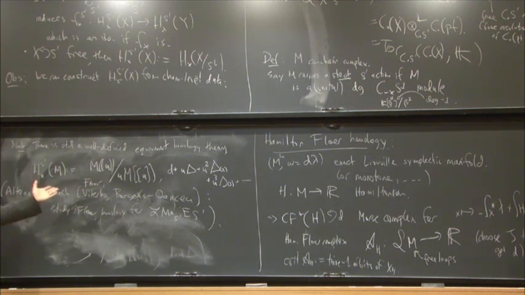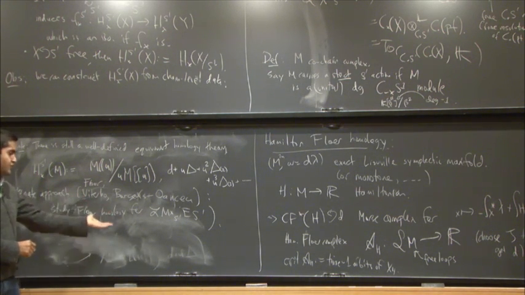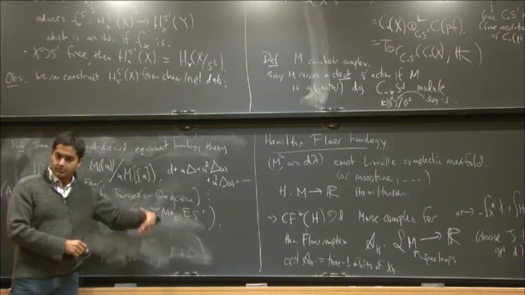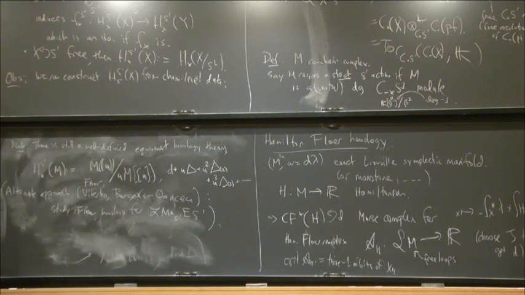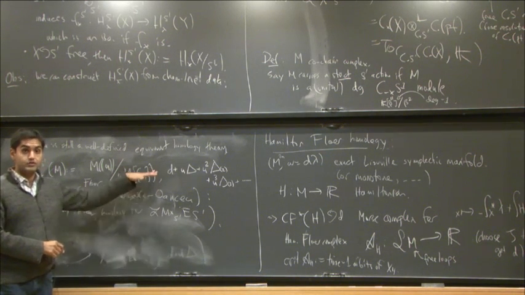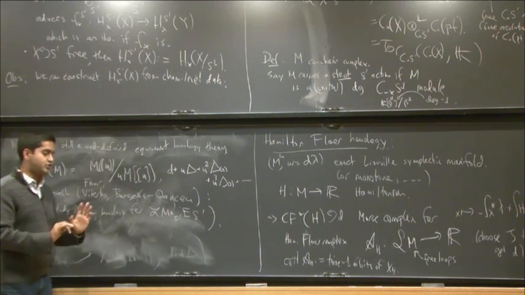Very nice. So yeah, it's an old idea, and it's very natural because, of course, this has an S1 action. So you might try to treat it as a space and then pass to Floer homology type theory. It actually turns out, I think, well, let me just say that these lead to equivalent answers. Okay, so there's no issue.